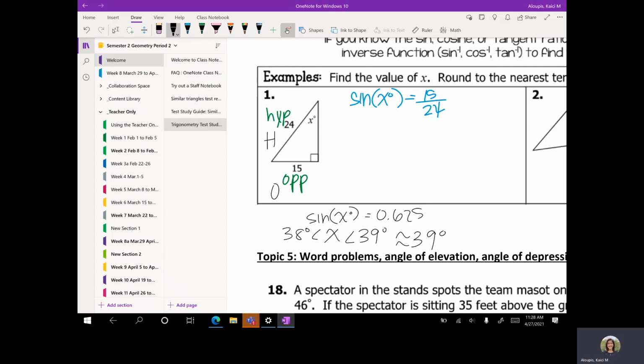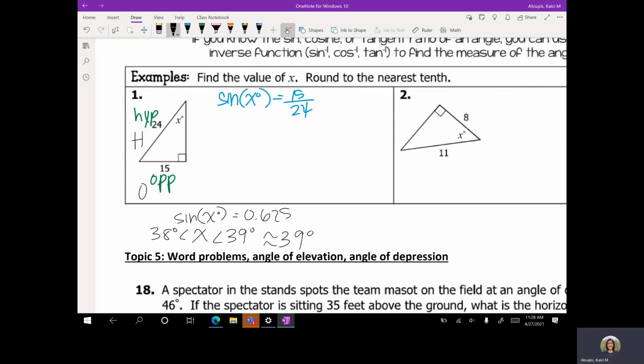But let's see how we could use the inverse function of sine, cosine, or tangent to solve this missing angle. Inverse function means that we take this and we swap them. I'm going to say the inverse of sine function.